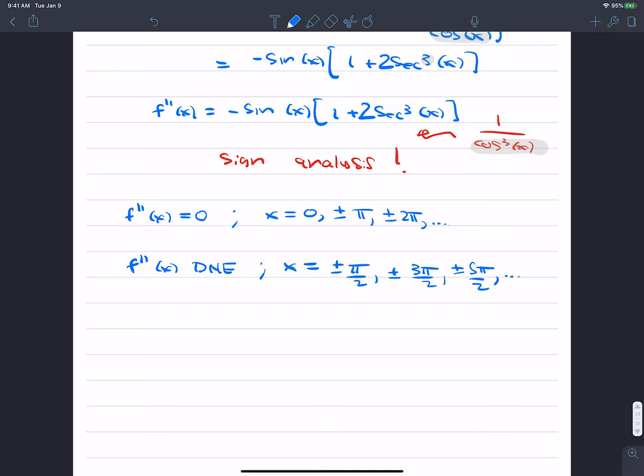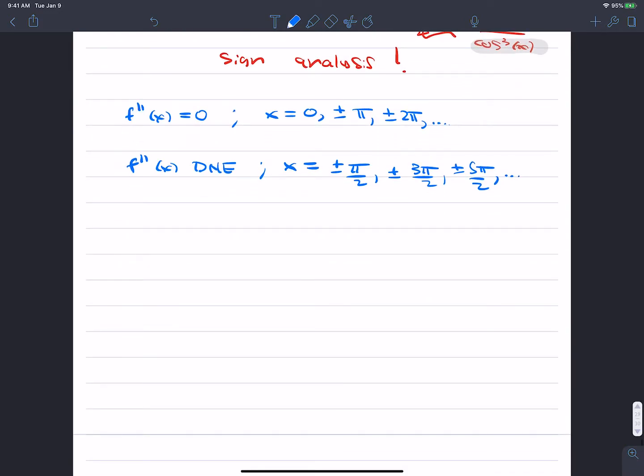That goes on forever. So you're working with the tools we just talked about earlier today with some of these other topics here. So you're going to start to do your sign analysis on that second derivative. So you'll take a closer look here. And, okay, you say, where is it 0 on the second derivative?